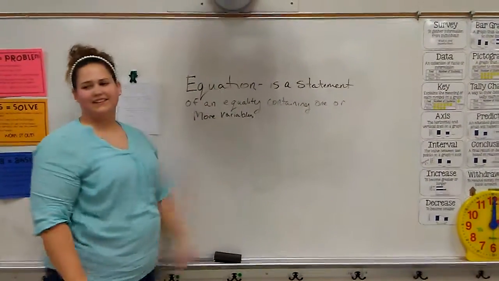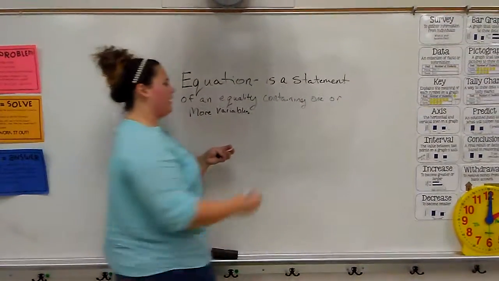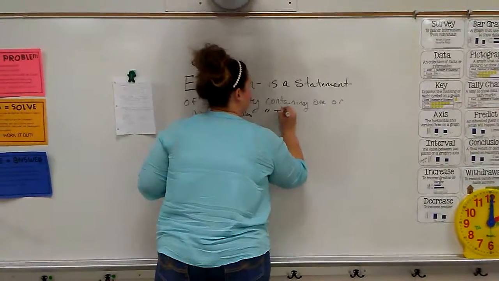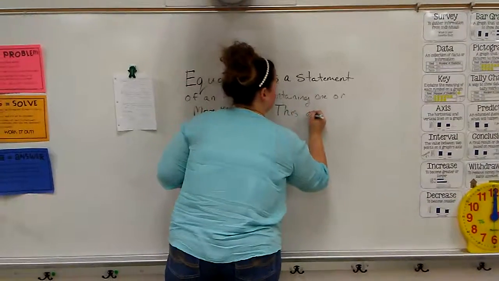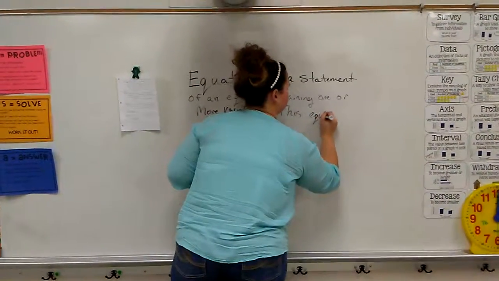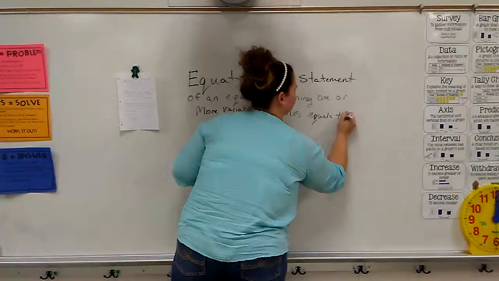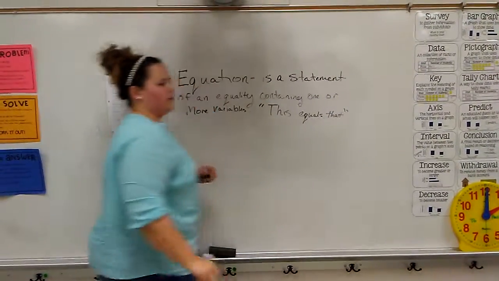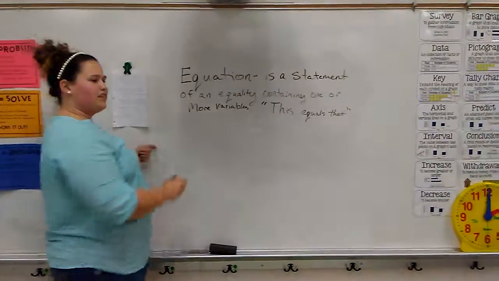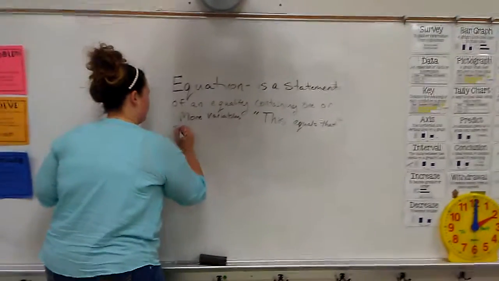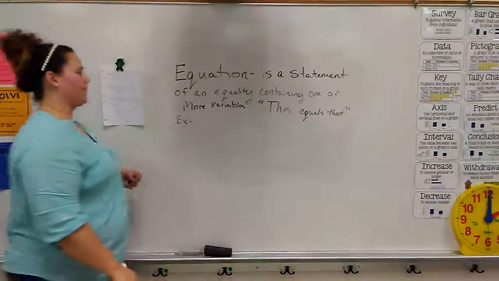Now, a better way to state this, that way you'll understand it a lot easier, is this equals that. All right, so let's get some examples written down so y'all know exactly what we're talking about here.